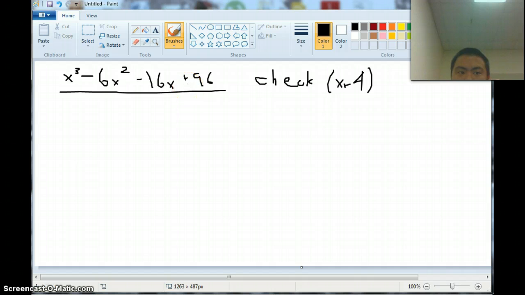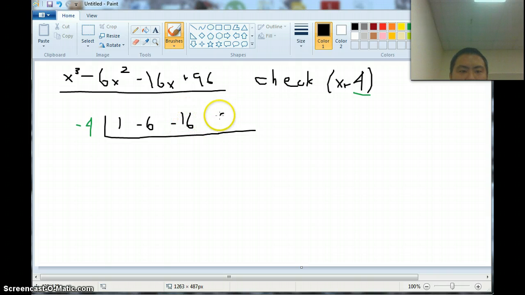Okay, so I'm going to do synthetic division. That's going to be this, which would be, first off, the negative of whatever that is. Then you put down the coefficients. There's a 1 in front of the x to the third power, a negative 6 right there, a negative 16, and then a 96 over here.